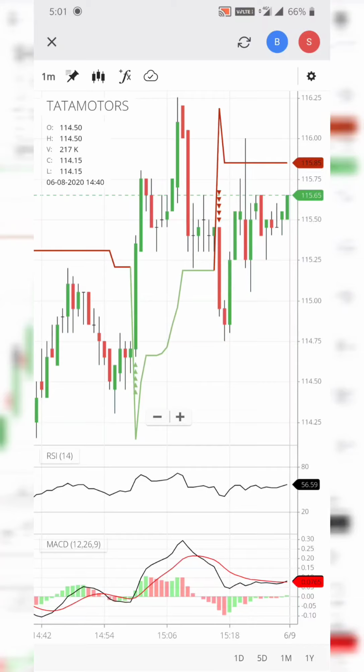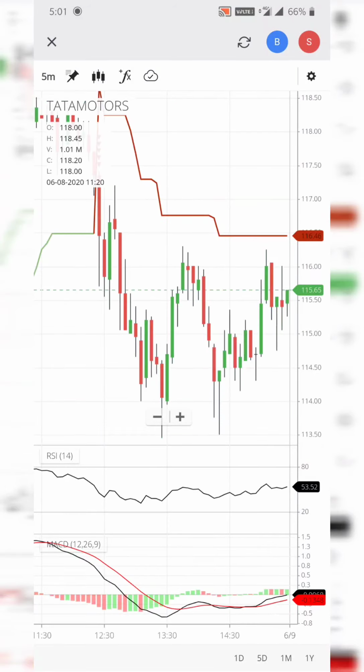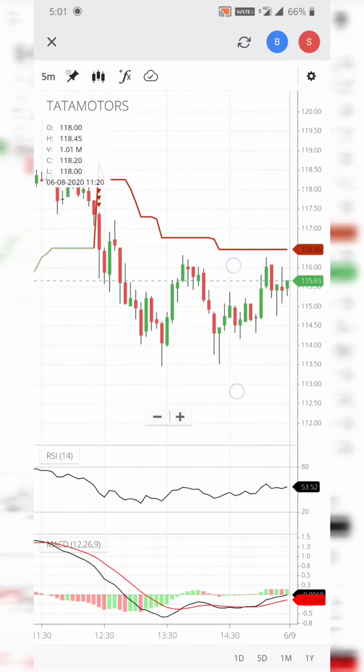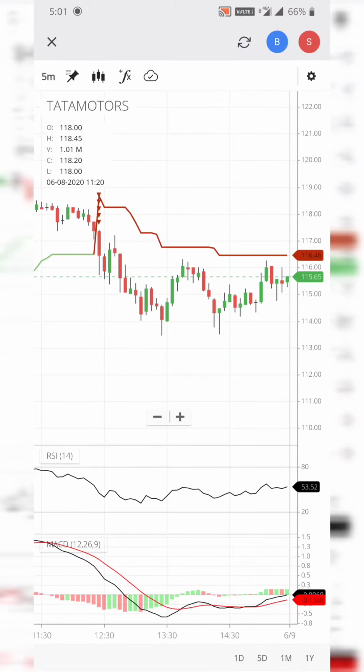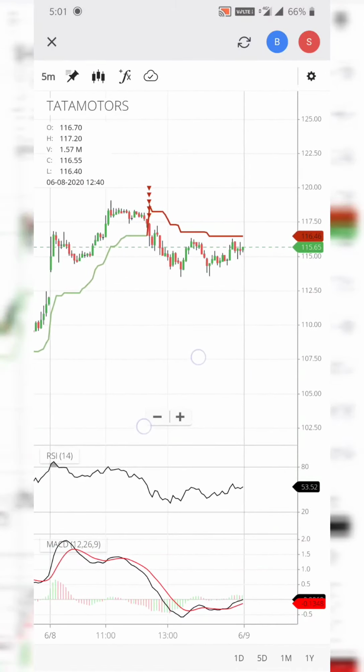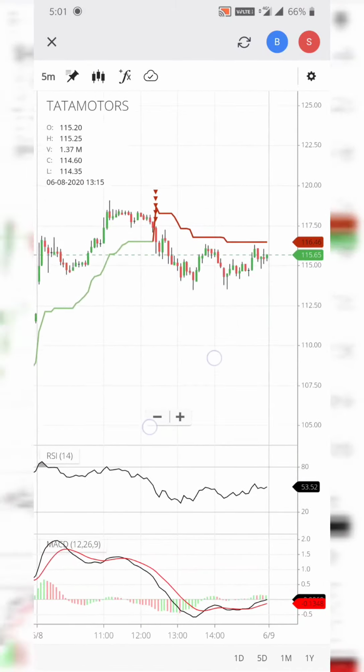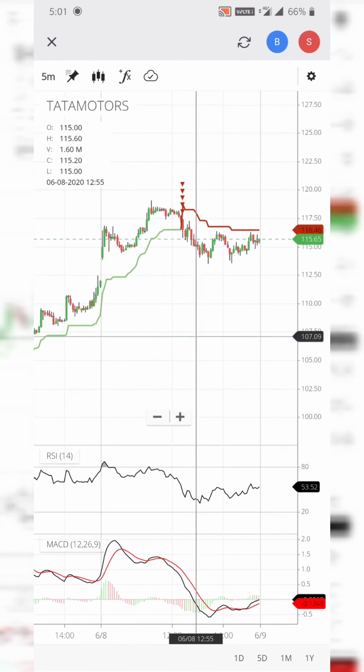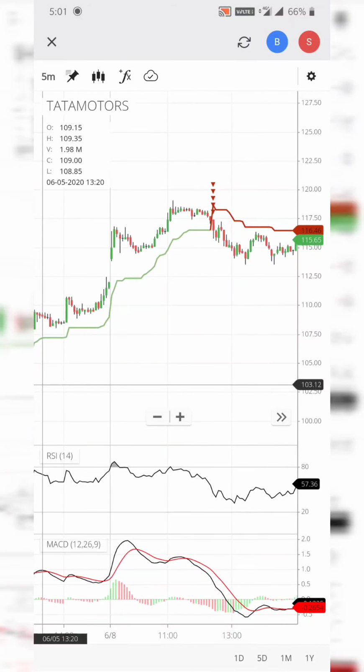The best thing we can do in trading is reduce this noise by increasing the time frame, which is 5 minutes, which we consider the best in the market. We can see the trend change for this particular day. Today there were two trends, a positive trend and a negative trend.